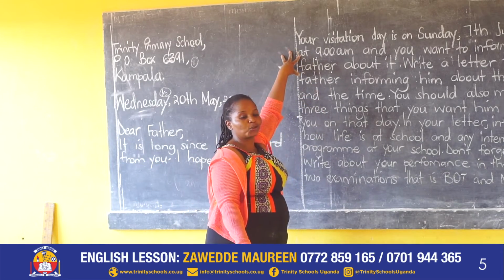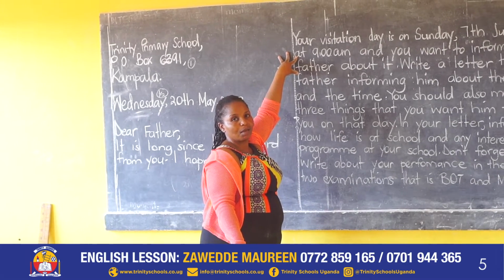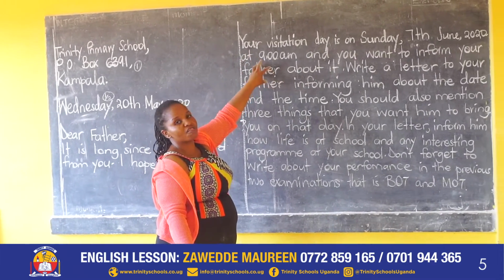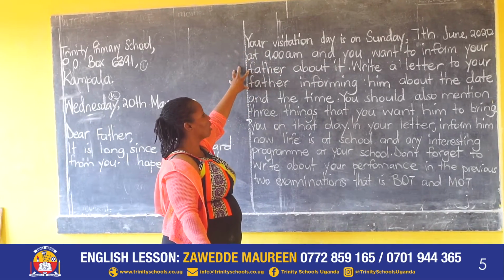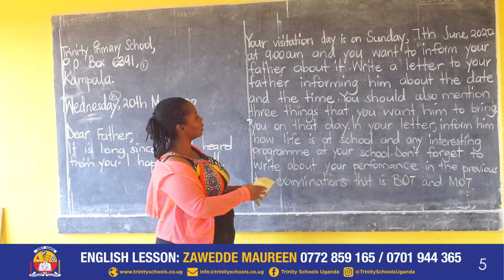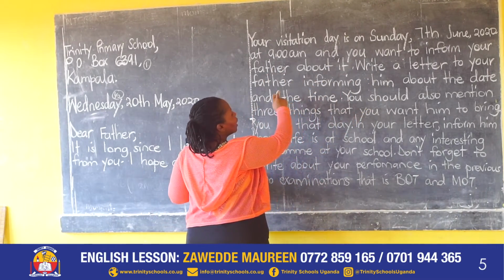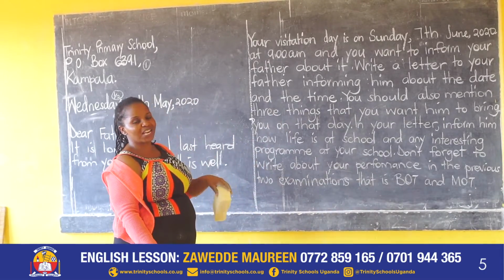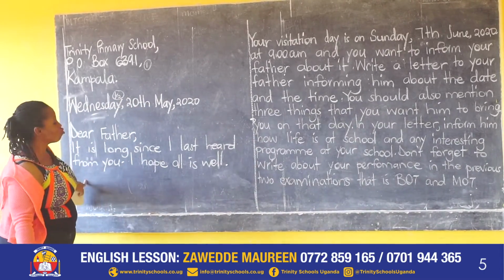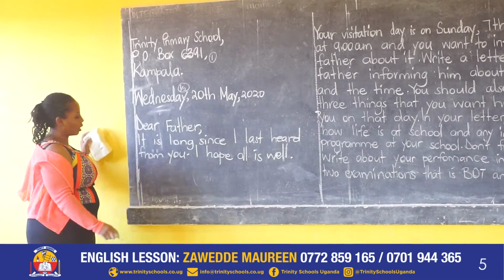I am going to start highlighting the main points in the instructions. I read the instructions once again. Write a letter to your father informing him about the date and the time. Children, we are going to write the main purpose of writing here in the second paragraph.